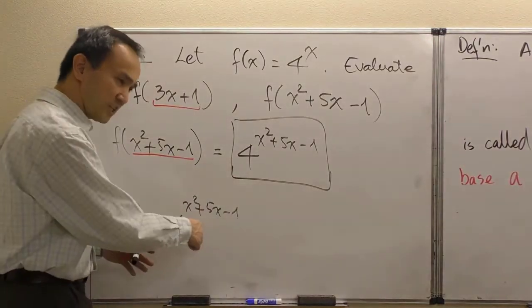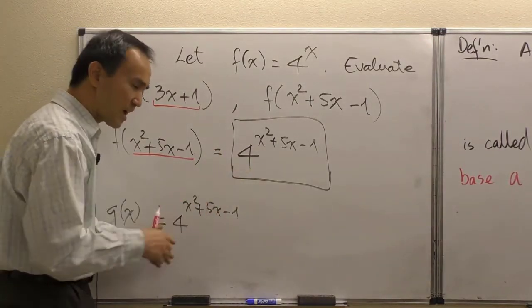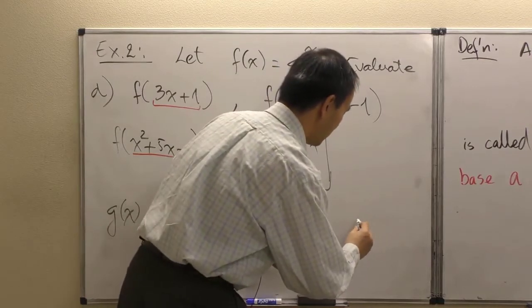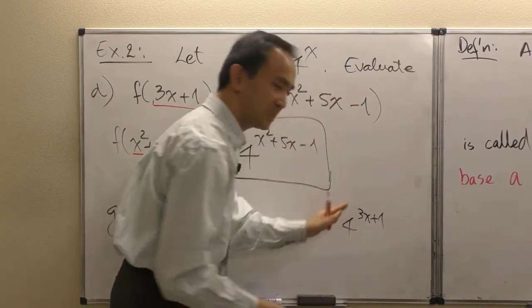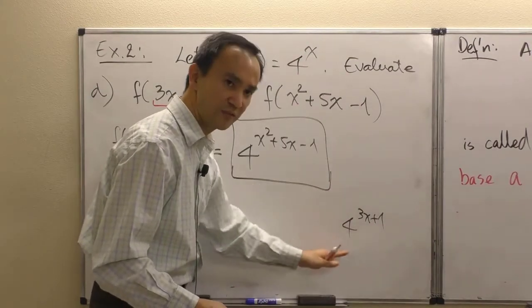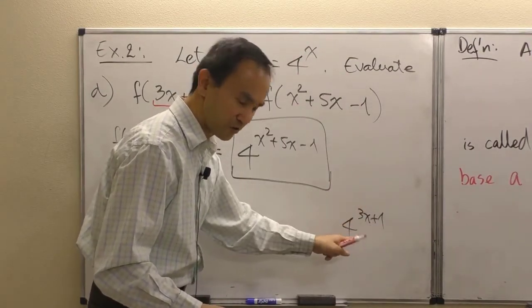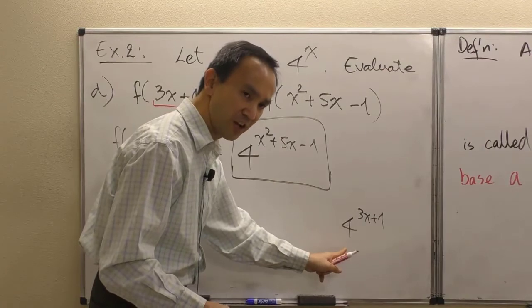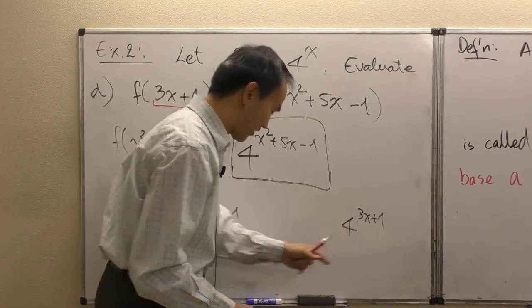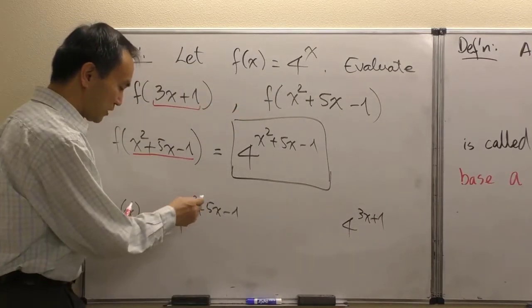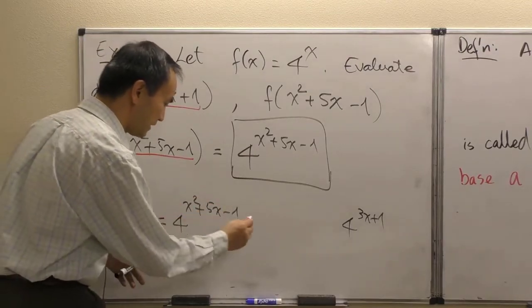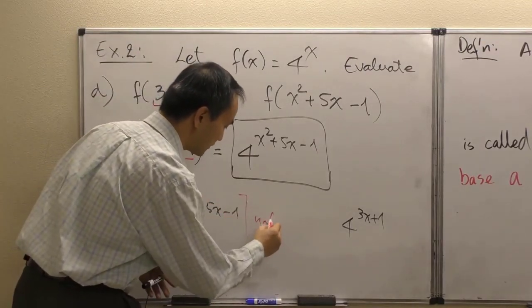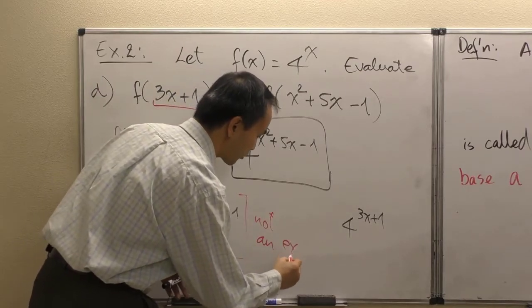And so in that way, it is clearly a function of x. But this function, unlike the 4 to the 3x plus 1 in the earlier problem, which I said would eventually be classified as an exponential function, with the square involved in the exponent part, this is not an exponential function.